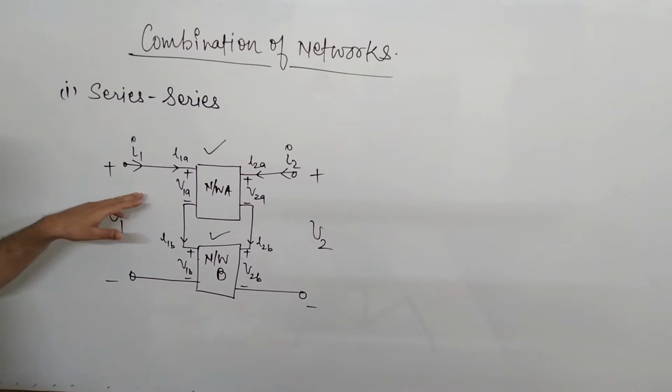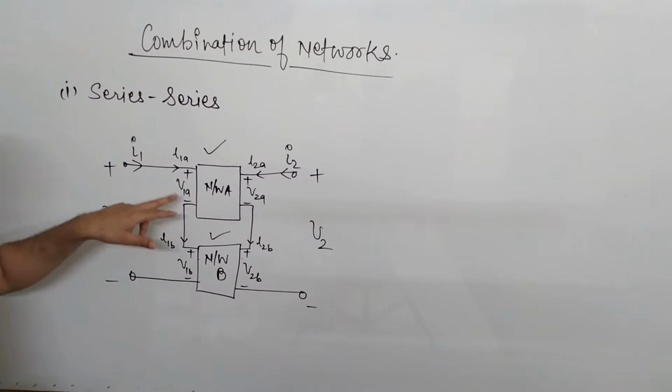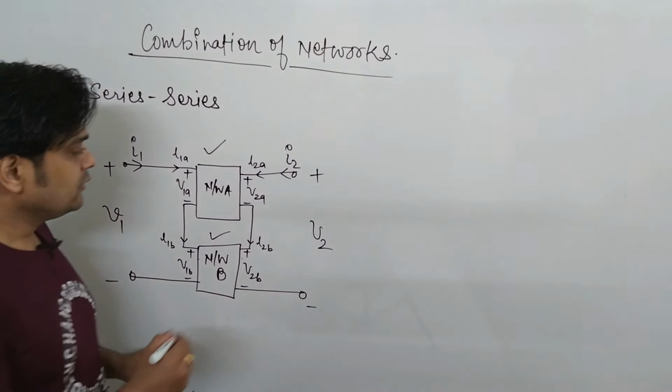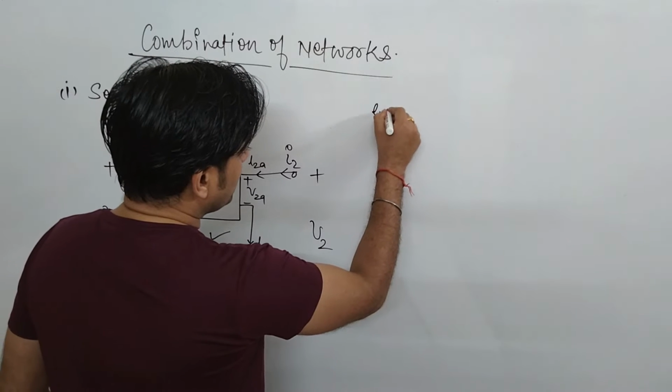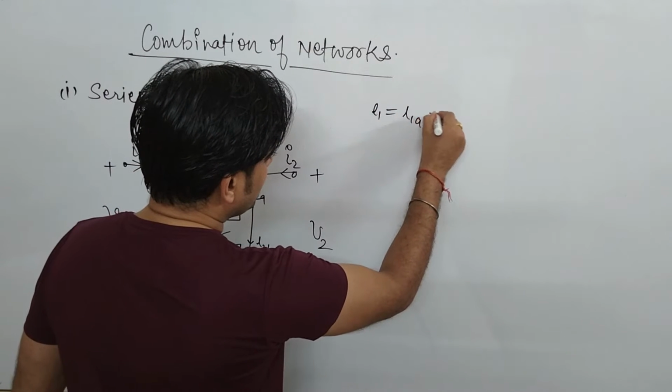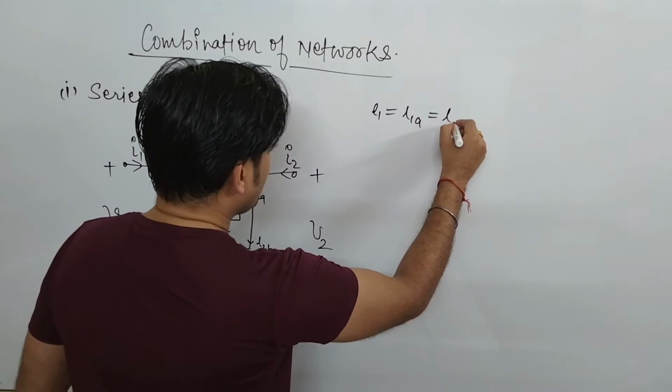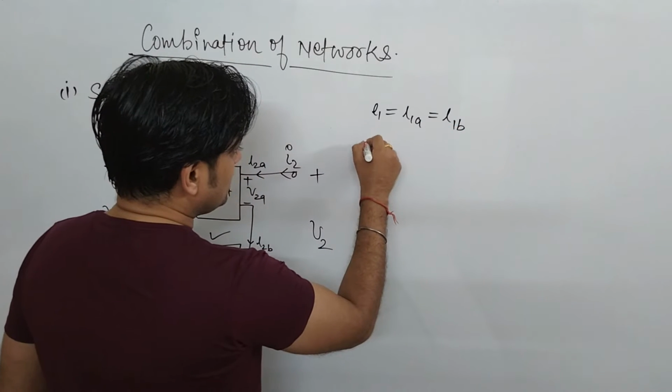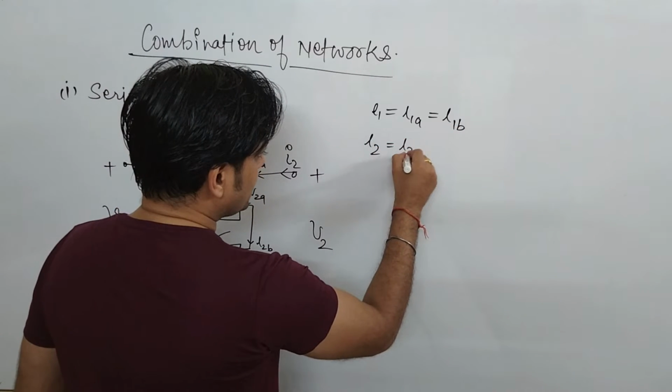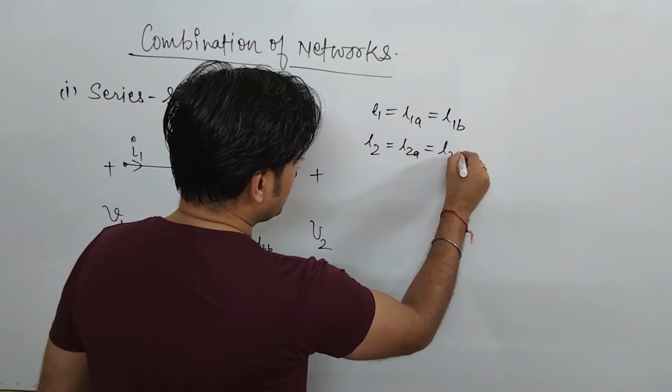So if the networks are in series, the value of I1 is equal to I1A, and that is equal to I1B. Similarly, I2 is I2A, and it is I2B.